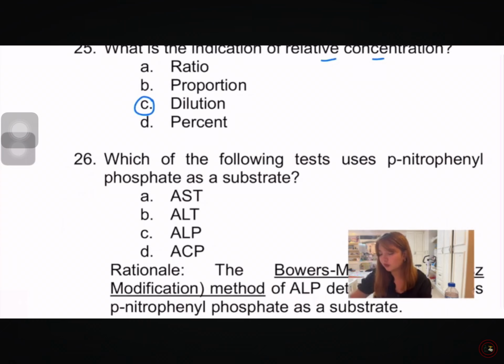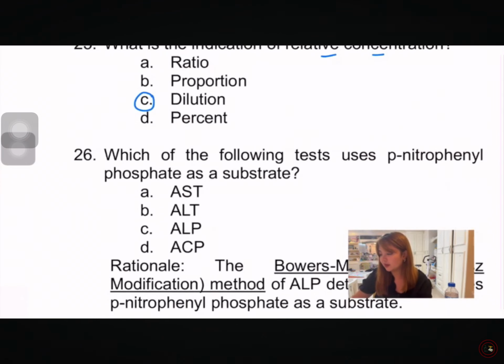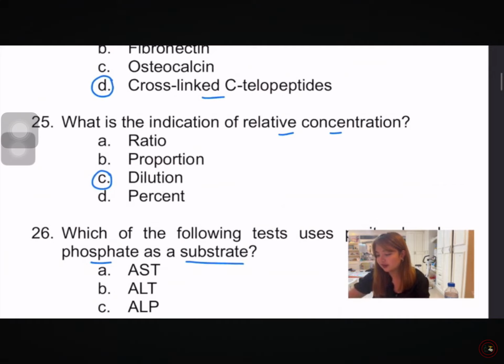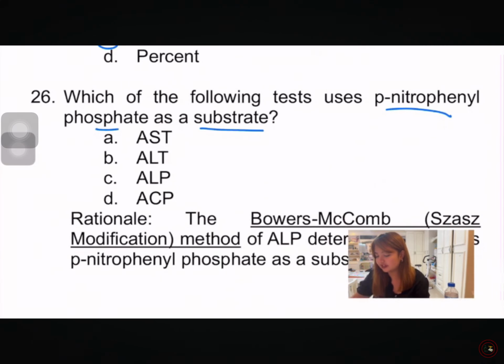So, ito, which of the following tests uses p-nitrophenyl phosphate as a substrate? If you want more information regarding sa mga principles ng enzyme testing, then I suggest tignan nyo yung enzyme chapter ng book ni Dean Rodriguez. Pero in terms of yung gumagamit ng p-nitrophenyl phosphate as a substrate, the answer is ALP.